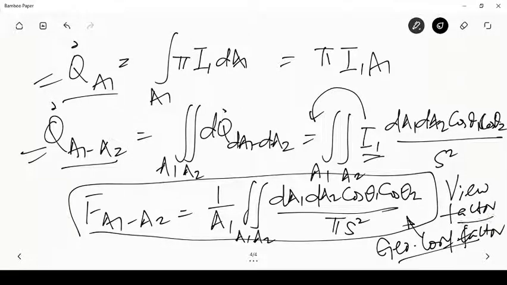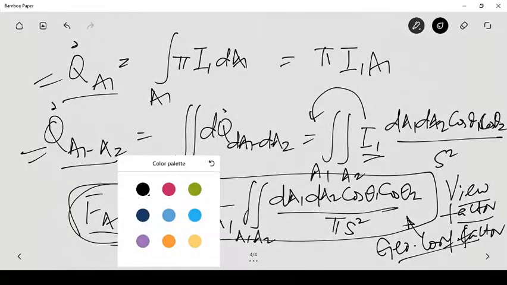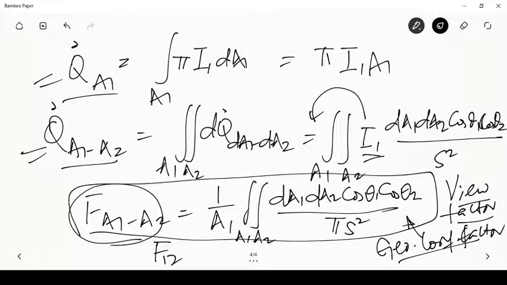We can also simplify the notation of writing this by simply dropping the A's and saying F12. F12 basically represents the fraction of the energy that leaves surface 1 and reaches surface 2. So the order of the surface numbers is important. F12 is nothing but 1 over A1 into this.